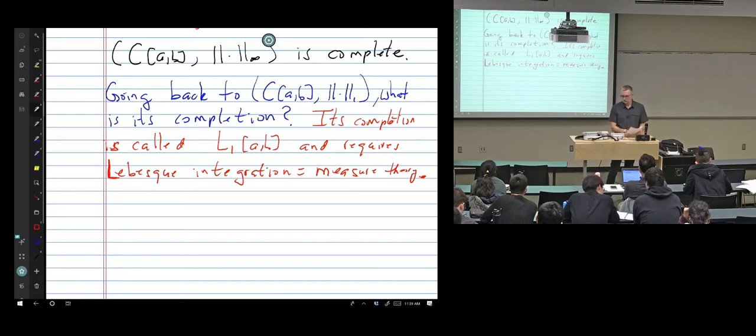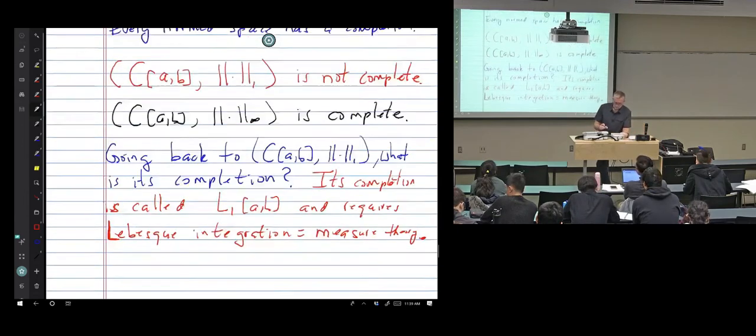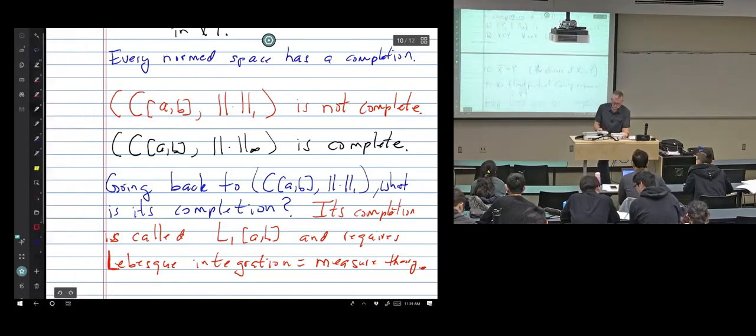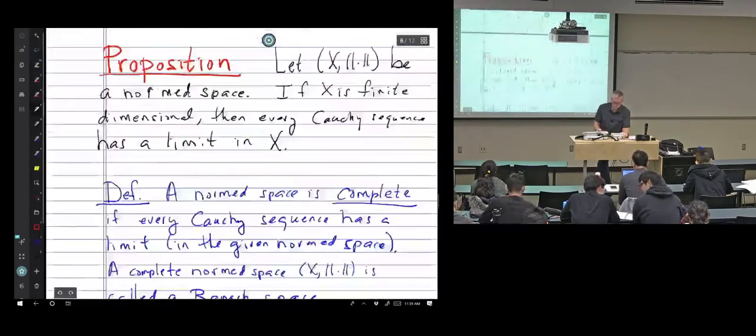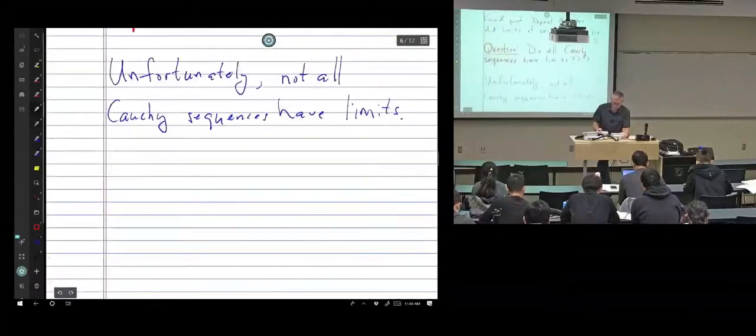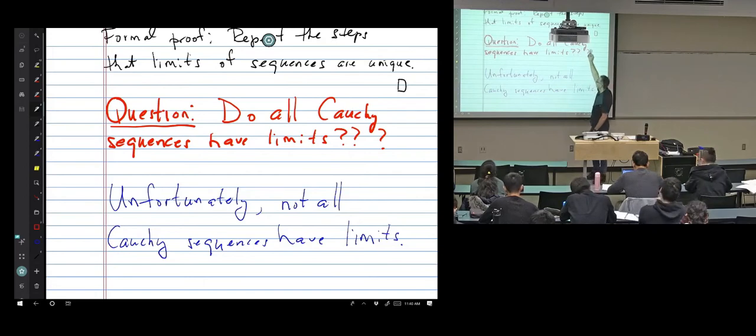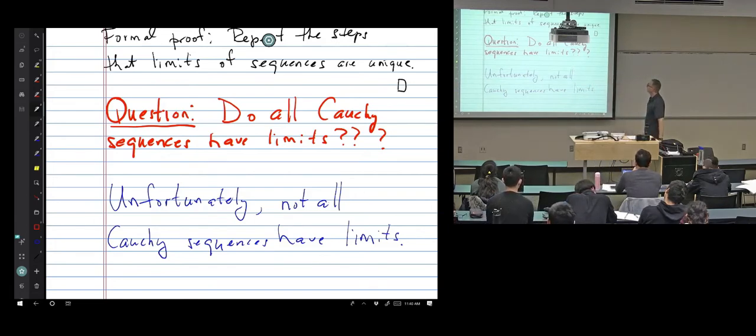Ta-da! Okay, so let me see if there's questions. But the key point is mostly it's true Cauchy sequences have limits if we inflate the space just a little bit to its completion. In general, it's false.